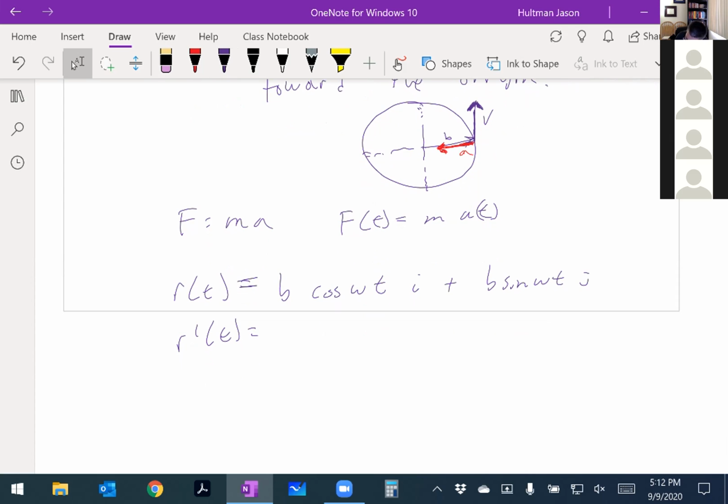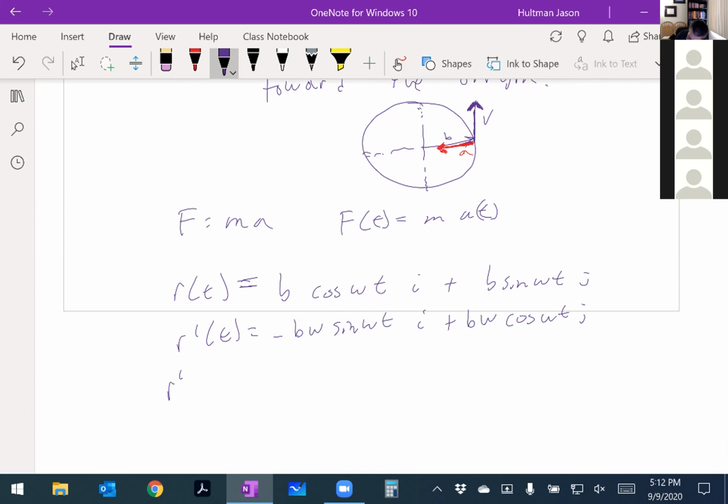Using the chain rule, this is going to be negative b omega sine omega t i, because we have to take the derivative of the outside and the inside, plus b omega cosine omega t j.